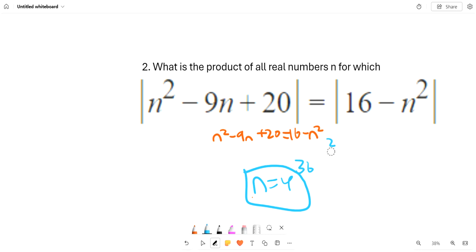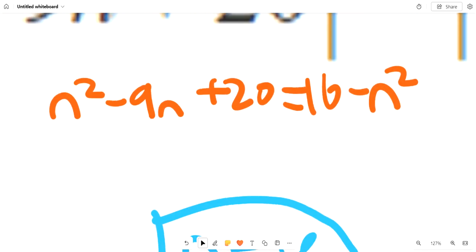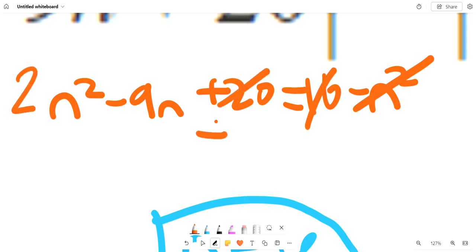And now we can move on to this case. On this case, we can first simplify and just add n squared on both sides, subtract 16, and we're left with this quadratic.